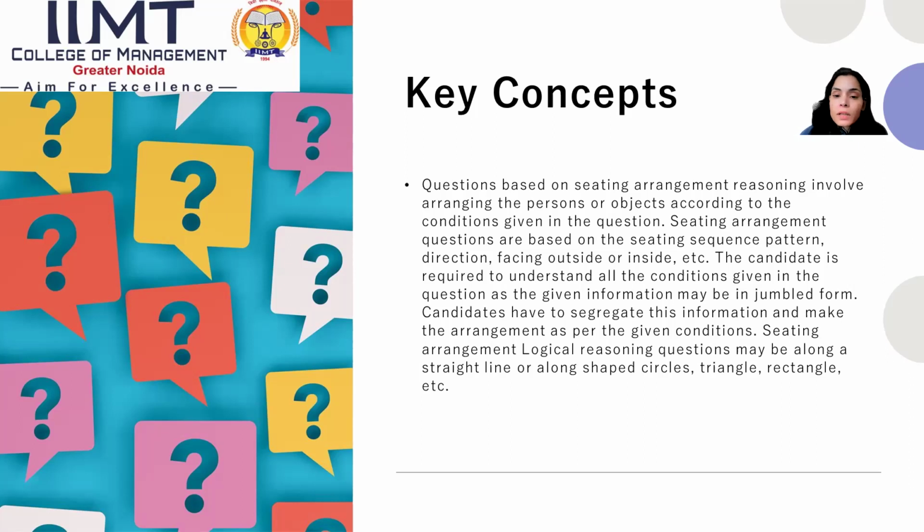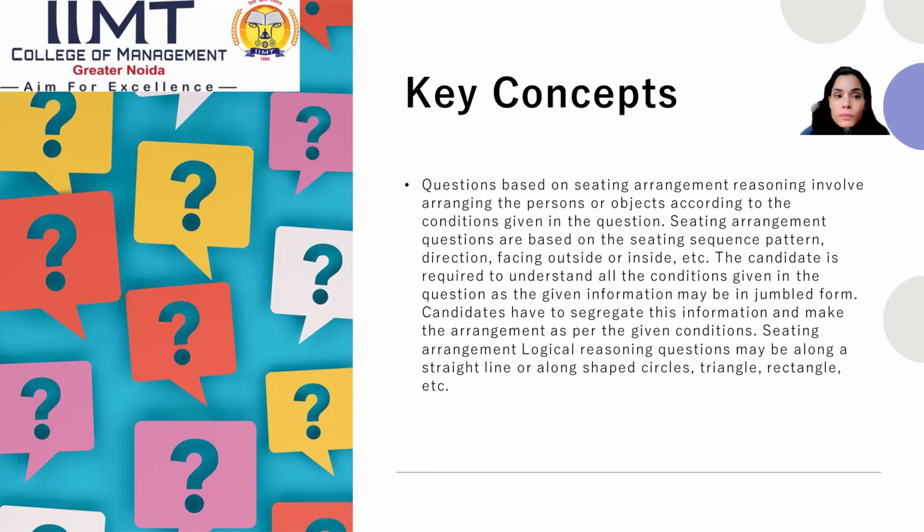The candidate is required to understand all the conditions given in the question as the given information may be in the example form. Whatever question in the examination, then we have to read this information very carefully.